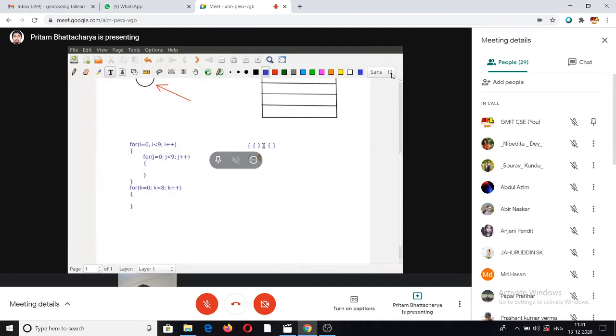Compare it to this situation. Let me highlight. Here also we had two consecutive closing braces following one another, but this closing brace was actually matched to this opening brace. In this figure, the corresponding braces I am referring to are this and this, the outer loop.